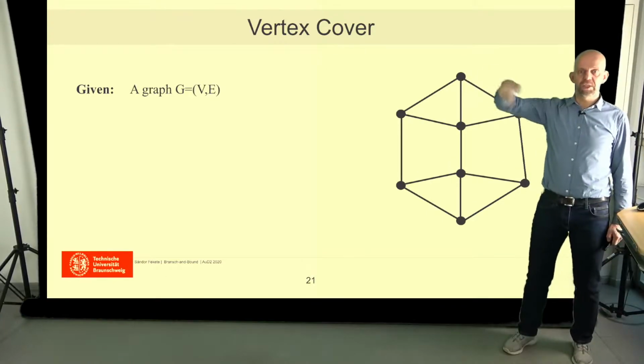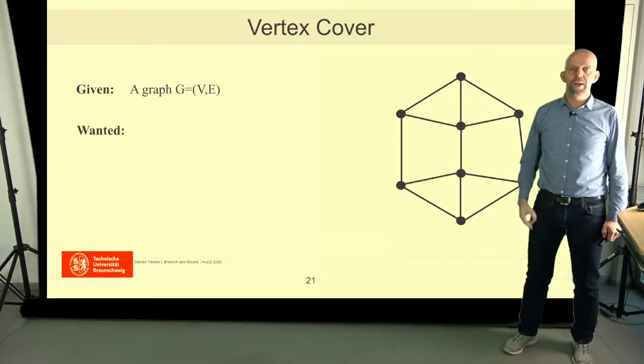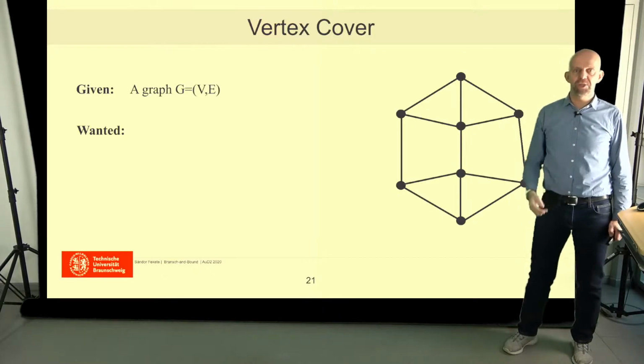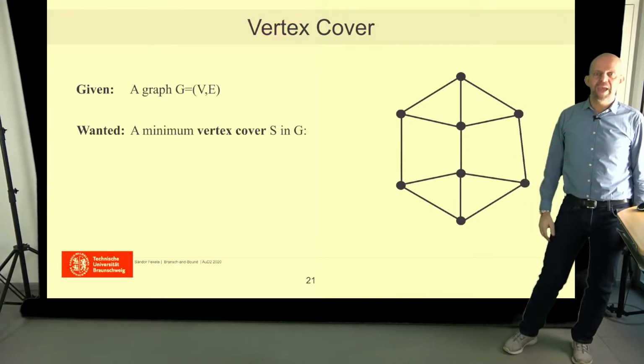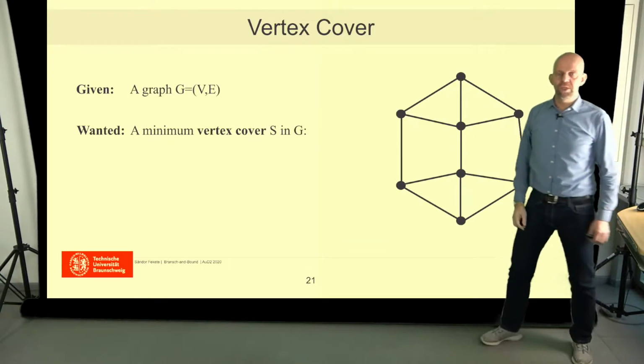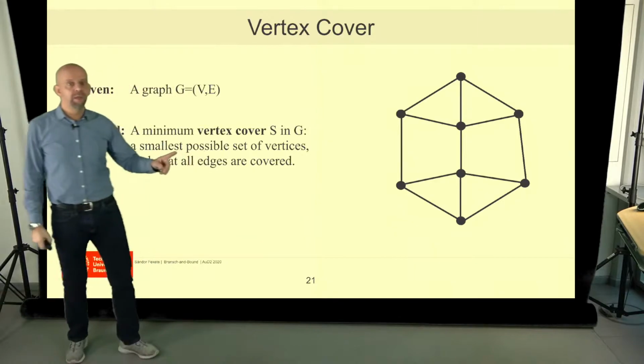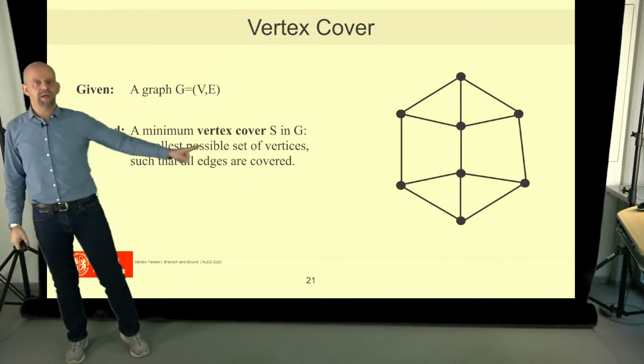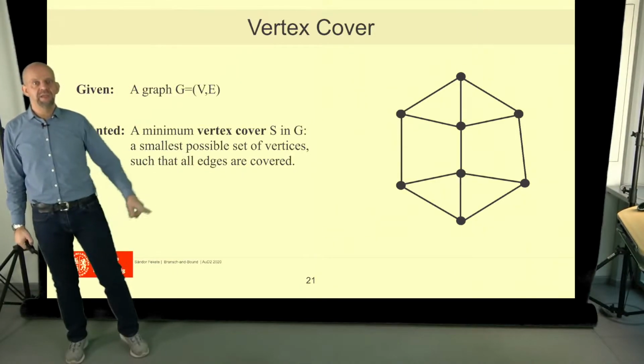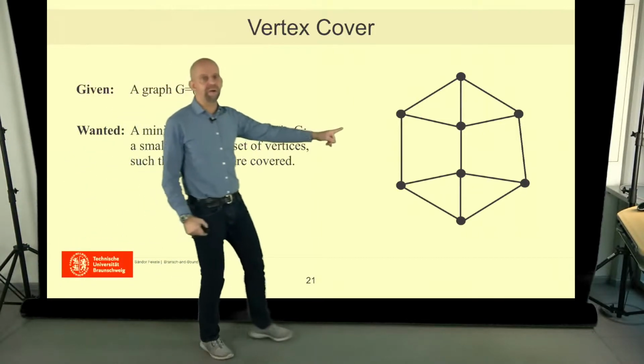So there's vertices and edges. And what I want, again, your mission is to find a minimum vertex cover, which is a set of vertices of small cardinality, the smallest set of vertices, such that all the edges are covered here.